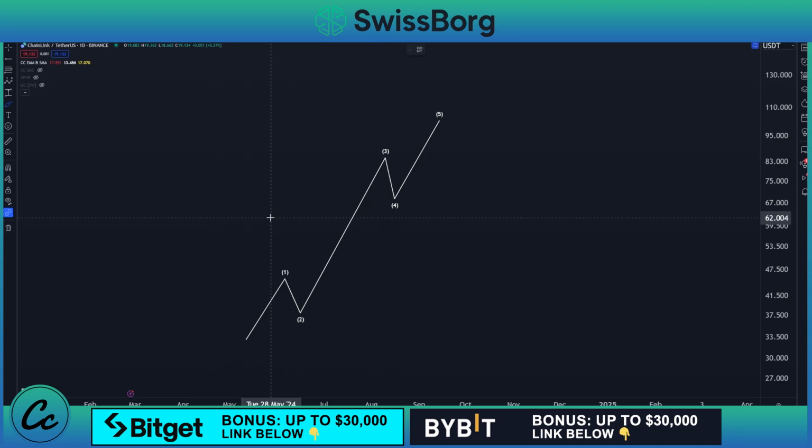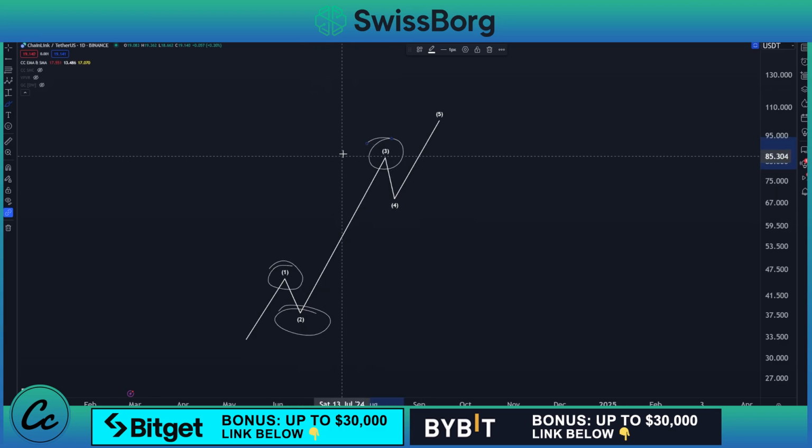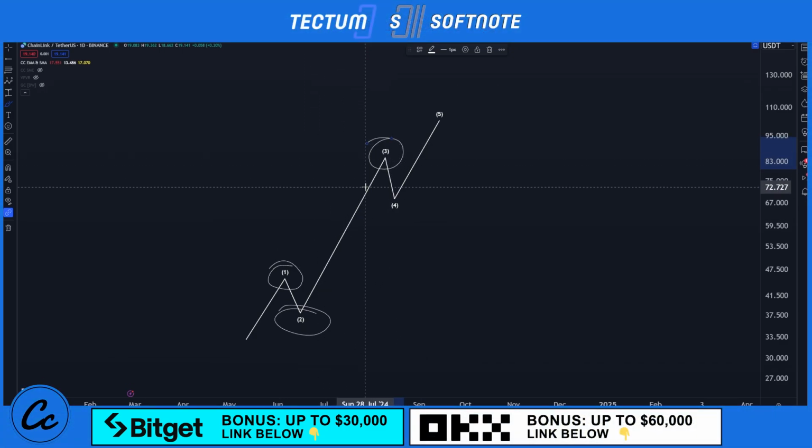First of all, wave 1 will be a bit of a run, nothing too major. A wave 2 normally retraces 50%, but can come all the way down to an 88.2% retracement of wave 1. But the real important takeaway is that wave 3 has to be 161.8% of wave 1.